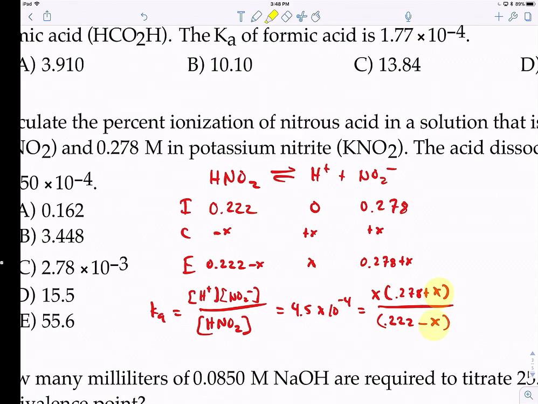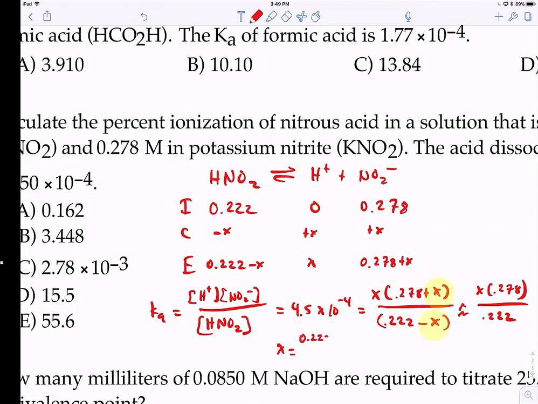So then this is approximately X times 0.278 over 0.222. So X equals, you have to multiply 0.222 on both sides, and then divide by 0.278 for both sides.